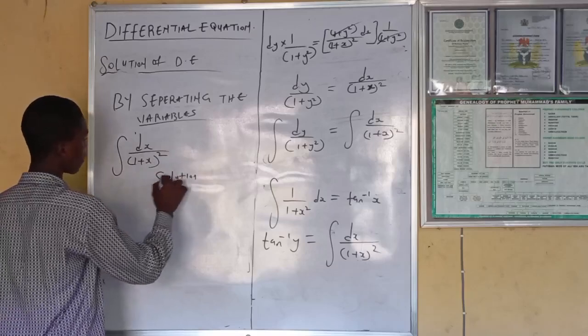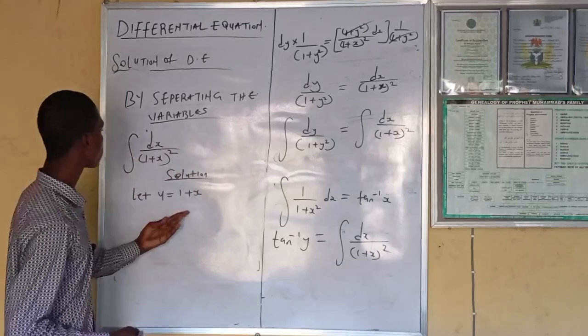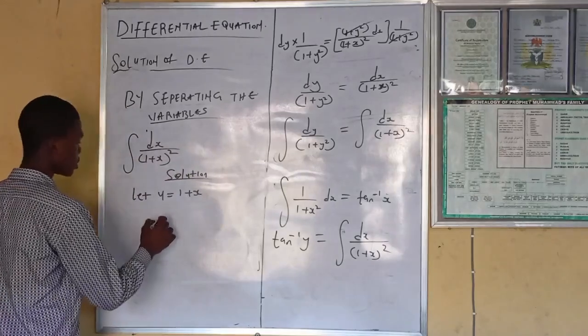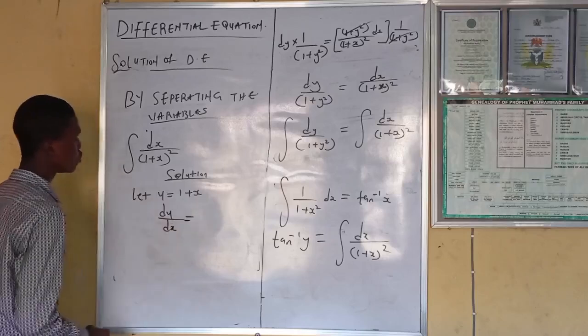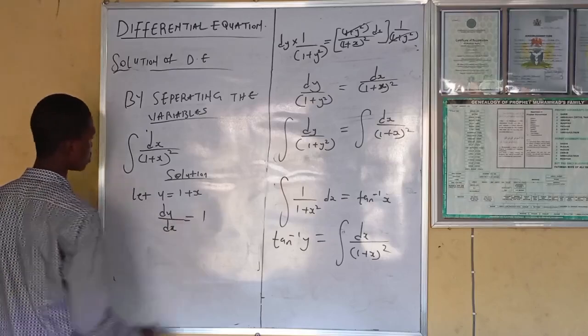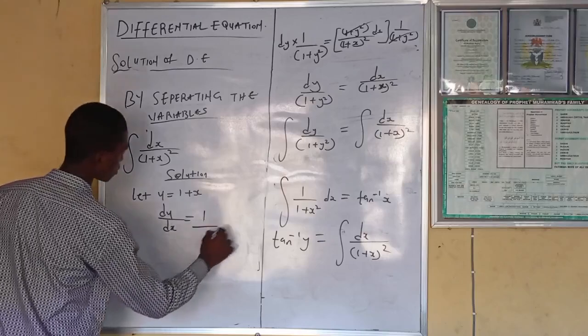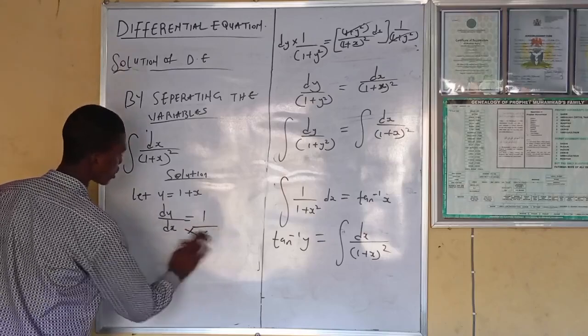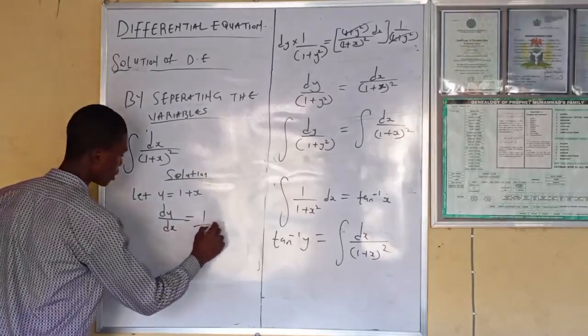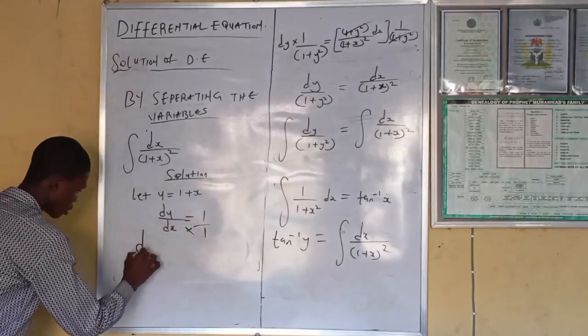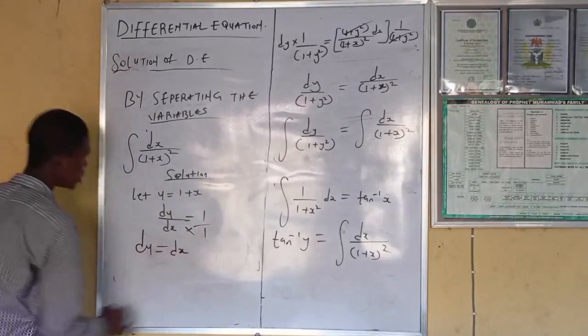Solution. Let u equal 1 plus x. du over dx equals 1. Cross multiply. We said du over dx equals 1, cross multiply. You have du equals what? dx.